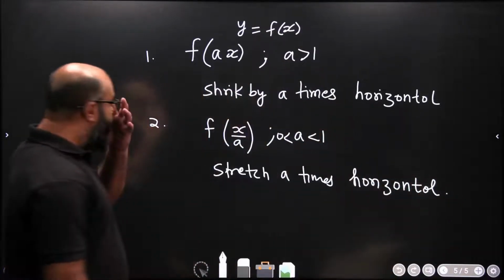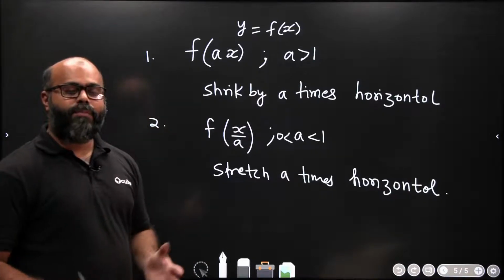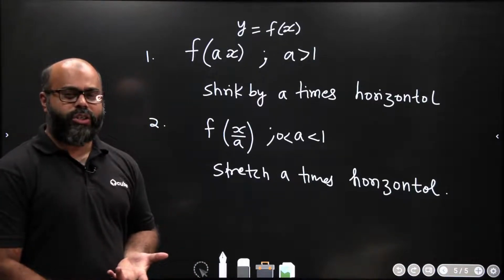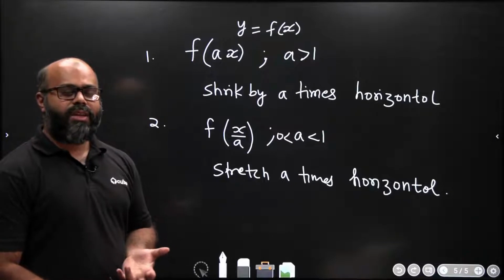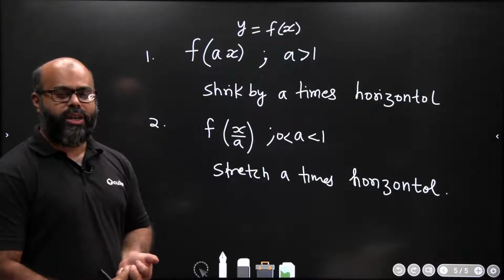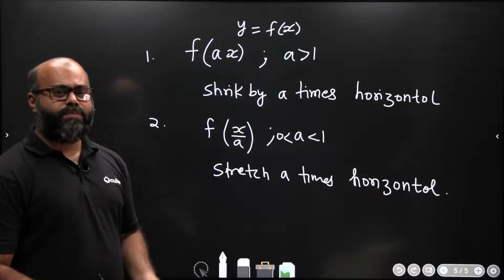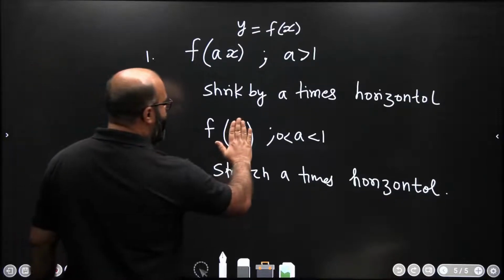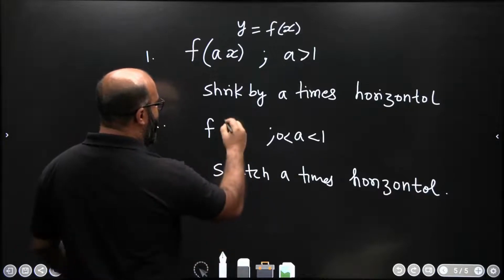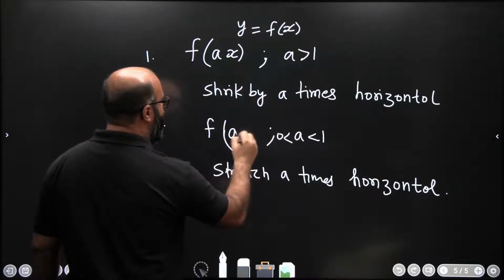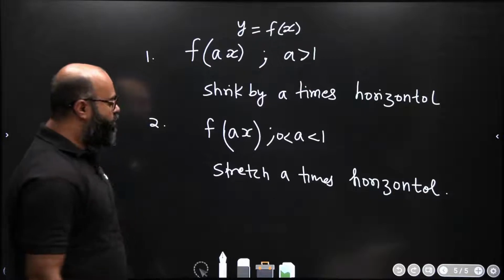So as you can see here, if we multiply the input by some value which is positive and greater than 1, then it will shrink by a times horizontally. And if the input is getting multiplied by a, let me correct it here, because I have here divided also and taken a less than 1 also. So keep in mind that this is f of ax.